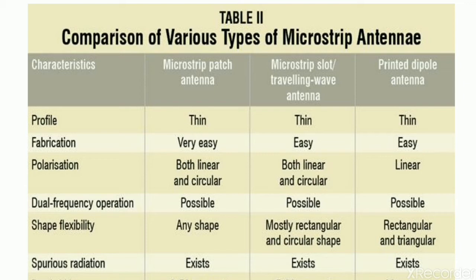Dual frequency operation is possible in all three types of antennas. On shape flexibility, microstrip patch antennas have various shapes. The traveling wave antenna mostly has rectangular and circular shapes. The printed dipole antenna has rectangular and triangular shapes.